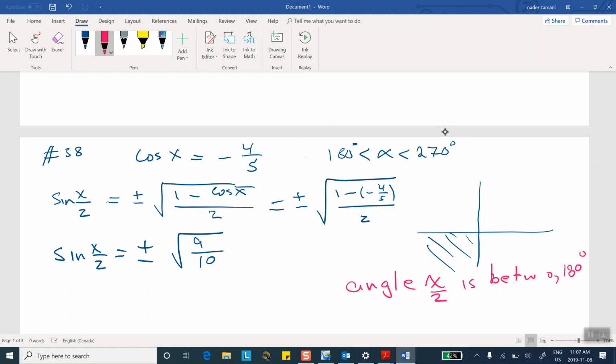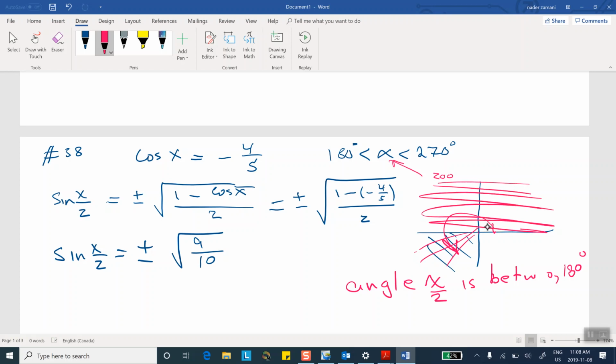Let's pick an angle here, for example 200. Half of that is going to be 100. So if you have an angle like that and you take half of it, you're going to end up in these segments.